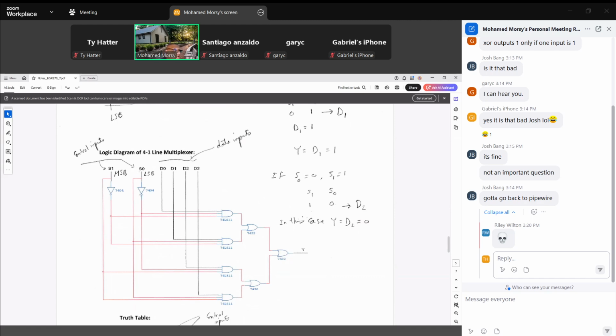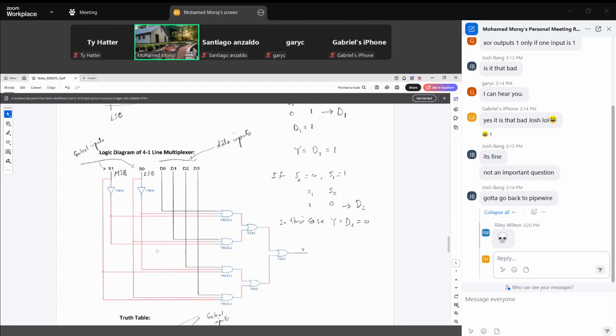This output of the inverter goes as one input for this gate. So immediately the output of this gate is 0, because this is an AND gate, logic multiplication. Regardless of the other inputs, since it is multiplied by 0, it will be 0. So this gate is 0, and also this gate will be 0.